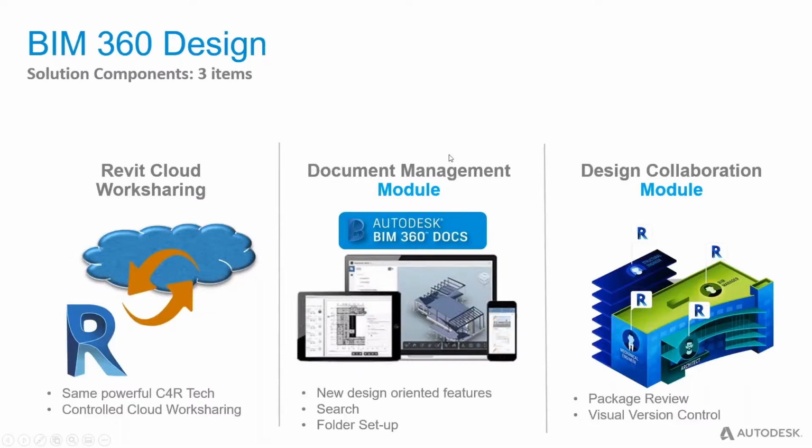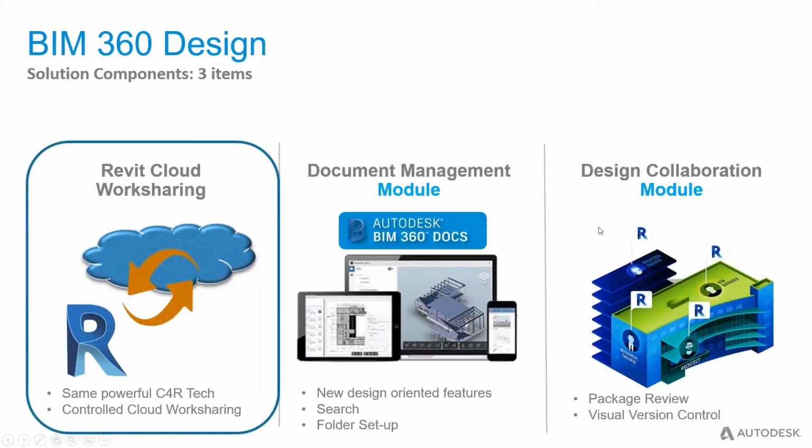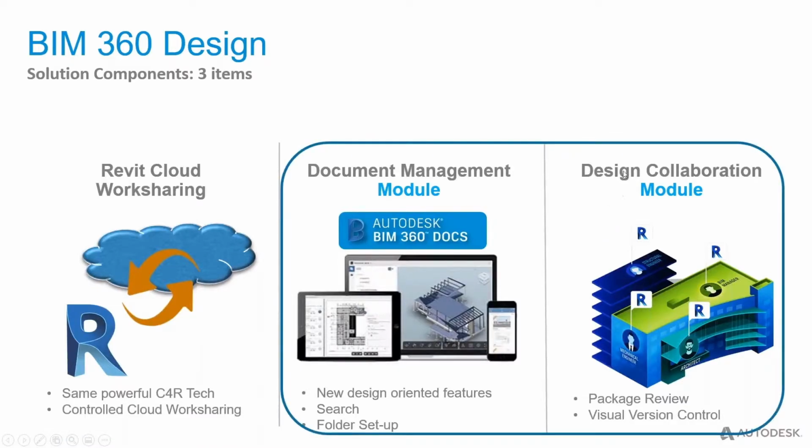The first one, as I did mention, is that we're storing everything inside of BIM 360 Docs. There is an interface from within Revit. If we're using worksets, then the Revit Cloud Worksharing kicks in with a BIM 360 Design entitlement. Now, the passing on of data between different disciplines, that's really where the cloud module of BIM 360 Design kicks in. That's the Design Collaboration Cloud module.